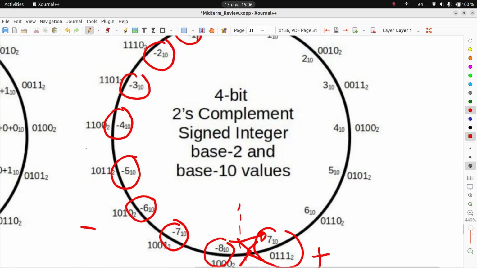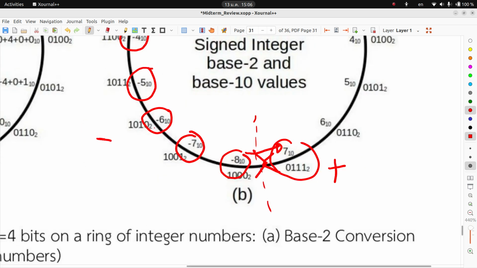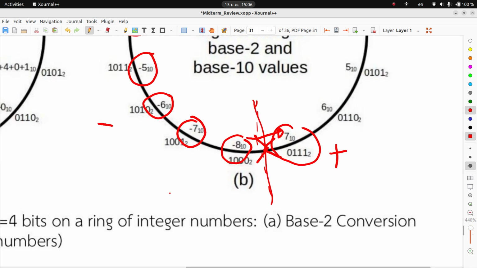Because I cannot draw a circle of 2 billion or 4 billion numbers. I can draw only a 4-bit number for you. Okay? If you happen to change this to 32-bit, the boundary is going to be minus 2 billion and plus 2 billion something.